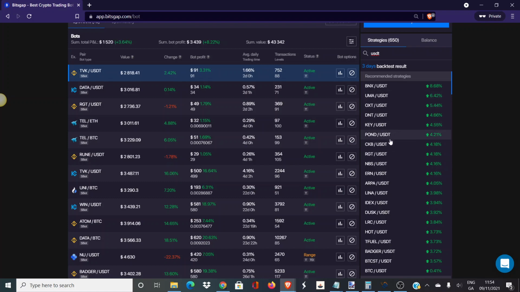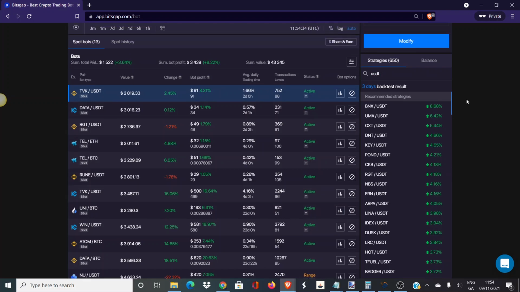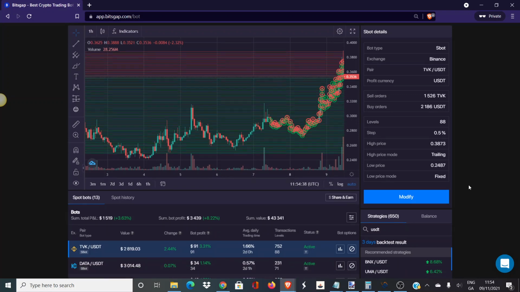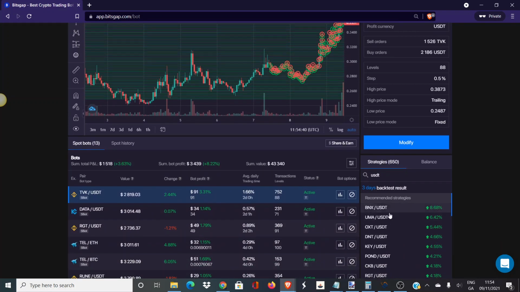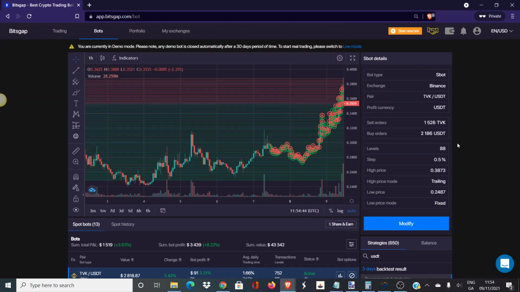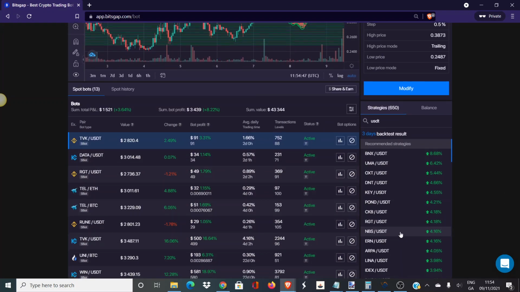So you pick the coin and you can do your backtest yourself, because these results do not really tell you much either, because we don't know what kind of settings have been used on these backtests. So you come over here and test it yourself, right?